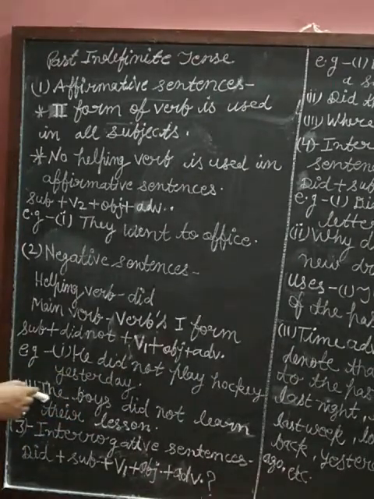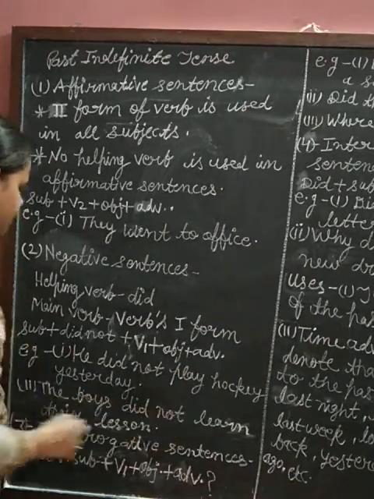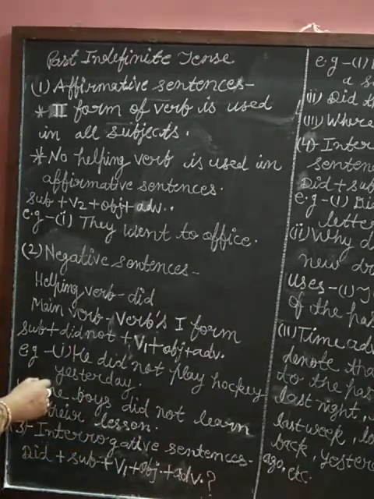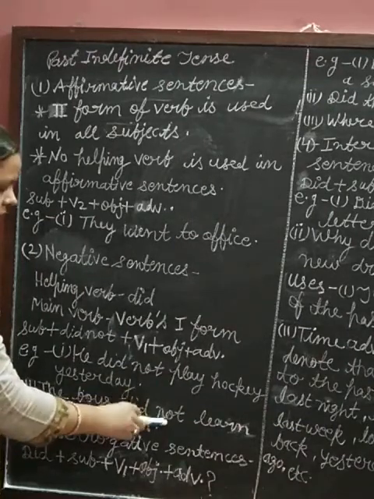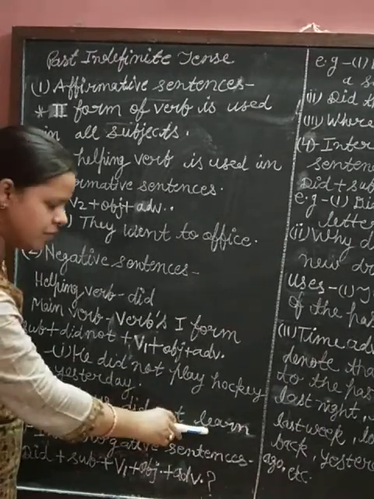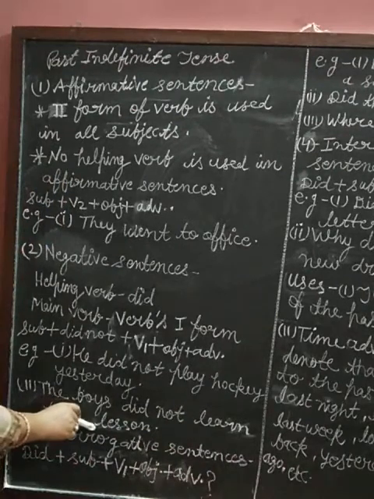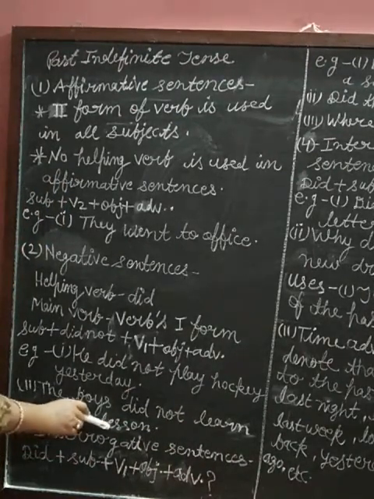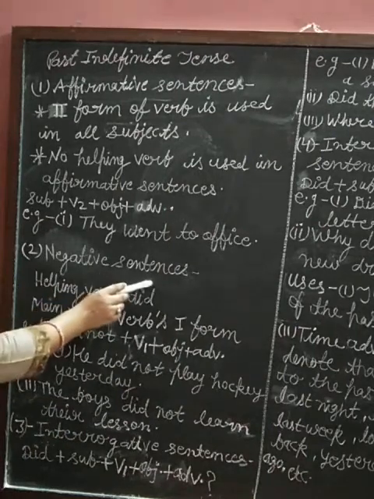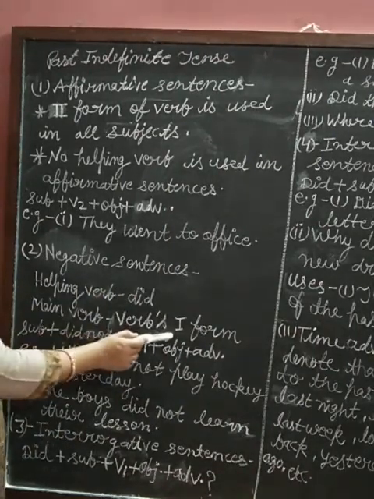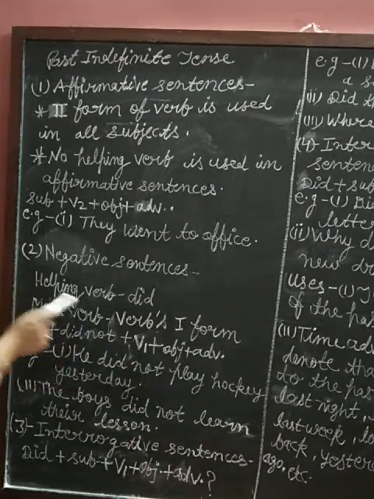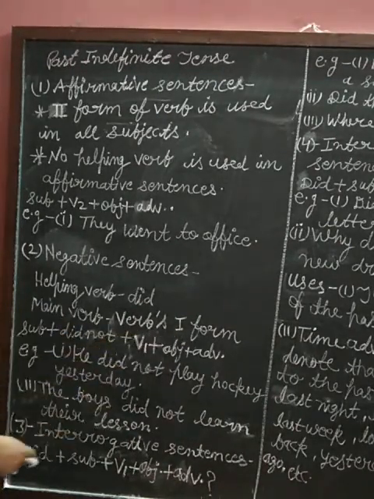Another example is: the boys did not learn their lesson. The boys is a subject, did is a helping verb, not is used for negative sense, learn is the verb's first form, their lesson is the object. So students, in negative sentences, we use the helping verb did, and as the main verb, the verb's first form.